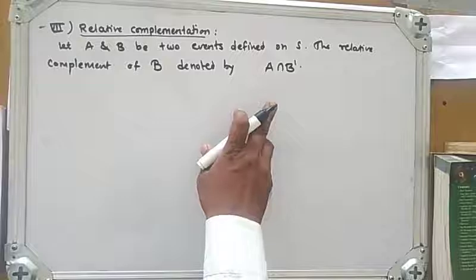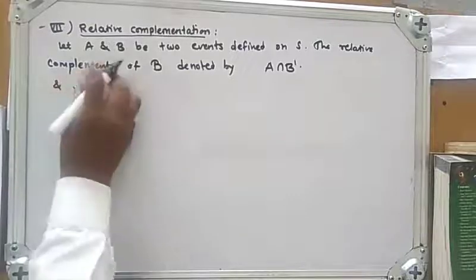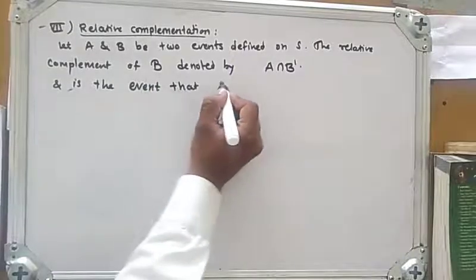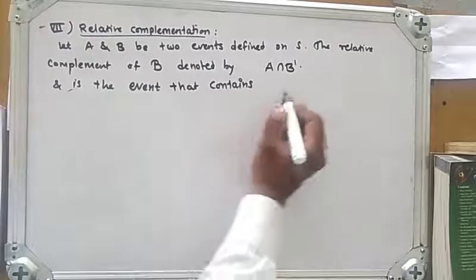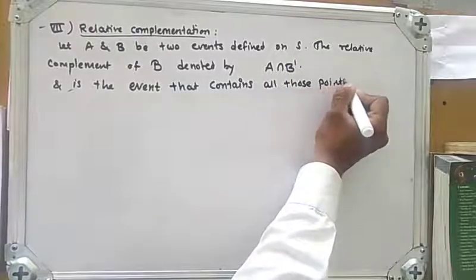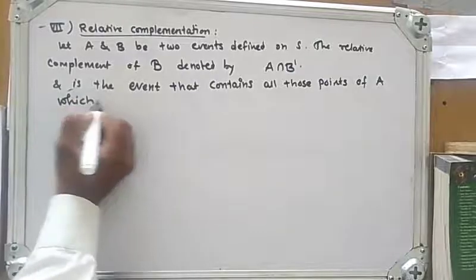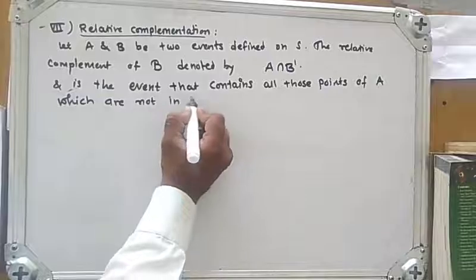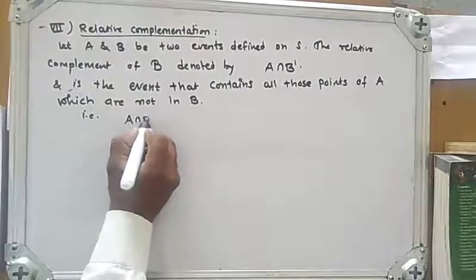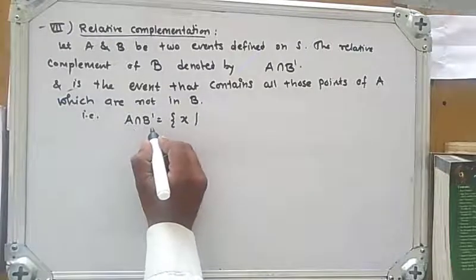This is the event that contains all those points of A which are not in B. So it is defined as A intersection B complement equal to the set of all points x such that x belongs to A but does not belong to B.